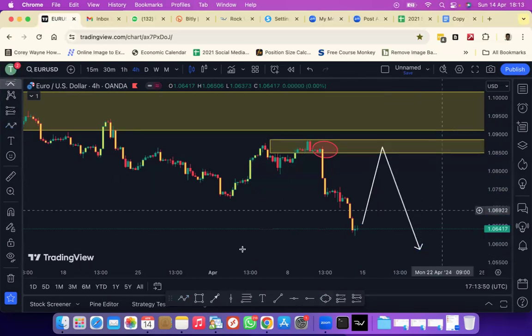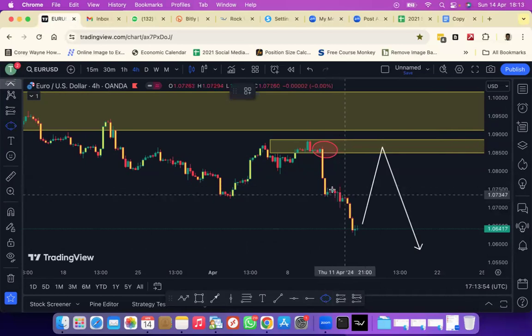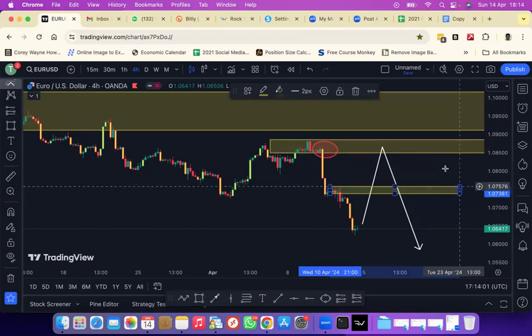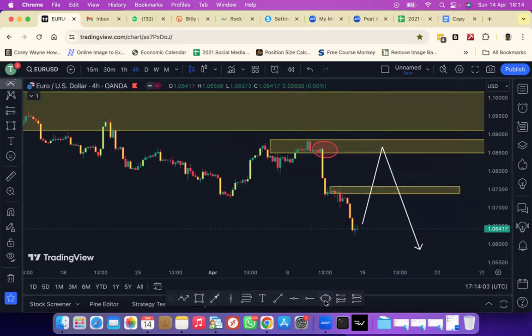Based on experience, I think this is also an area of supply over here, but I would say selling here might be a bit risky.